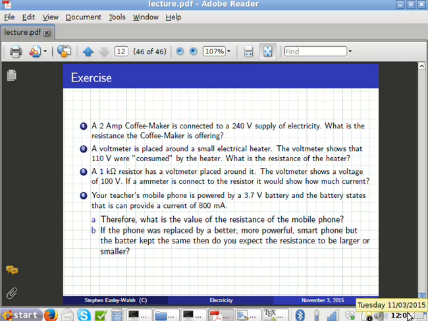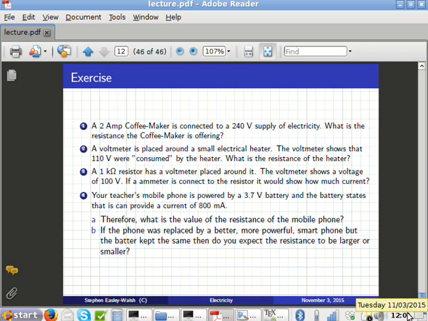And I tell you here, the resistance in the Game Boy is 2 ohms. And my question is, what is the current? So I know the voltage, because it's on the battery. What's the voltage? 6. And I know the R. So which formula should I use to get the I?